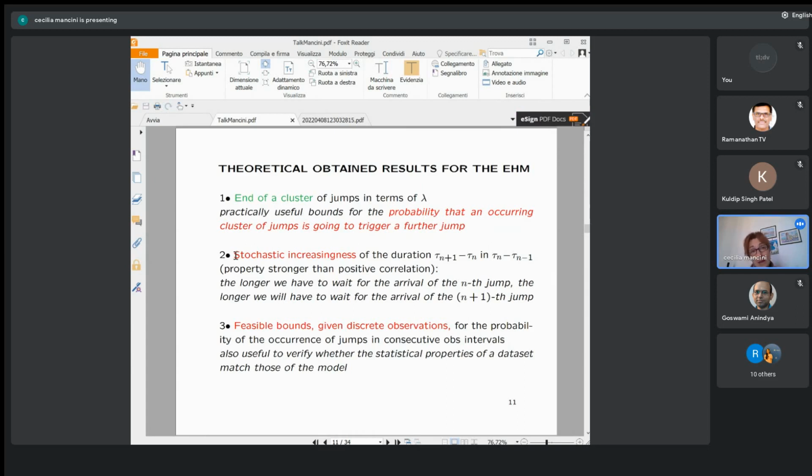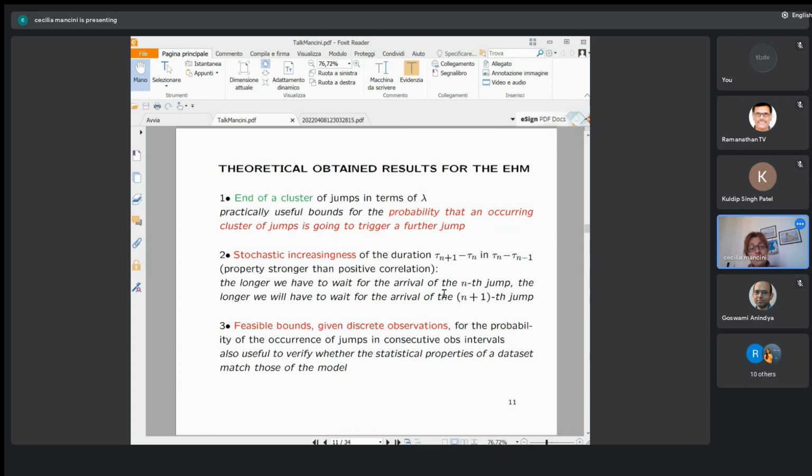Second, we proved the stochastic increasingness property of the duration tau n plus 1 minus tau n with respect to tau n minus tau n minus 1.